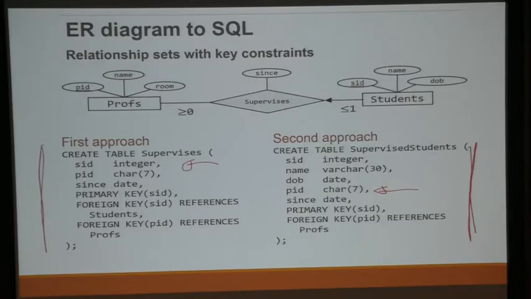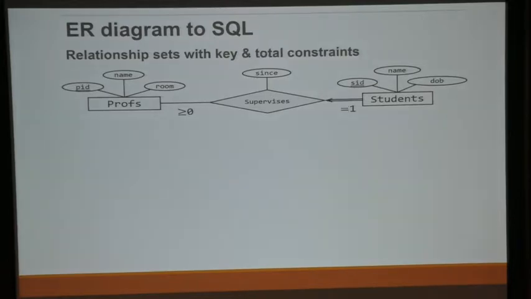Okay, so before we go to the demo, to show that this actually works, let's take a look at a key and total constraint. So I'm going to skip total constraint only. Let's look at key and total constraint. For a key and total constraint, this one must be exactly 1.